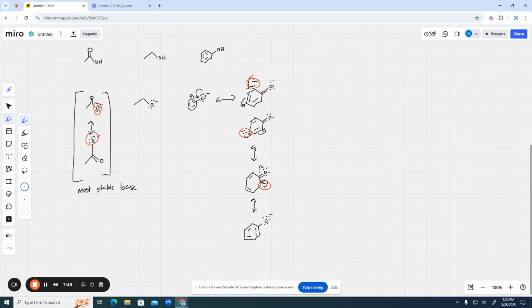Now, since this one doesn't have any resonance, this one is the least stable base. And this one's in the middle. So what does that mean? That means a stable base, the more stable it is, the weaker it is. The less stable it is, the stronger it is.